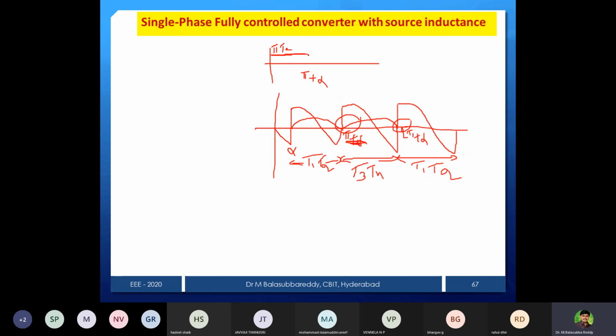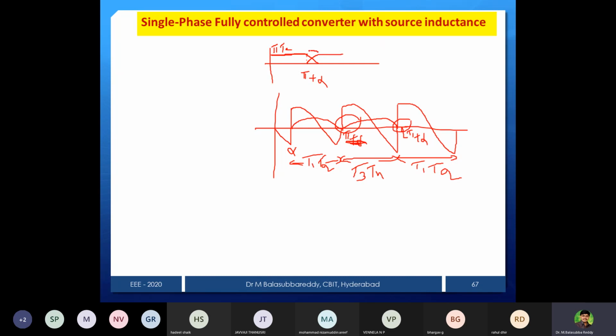But due to source inductance, this device will not turn off exactly at pi plus alpha. It will slowly turn off because of the inductor, gradually. And at pi plus alpha, T3, T4 will not turn on directly. From this point onwards, they gradually fire and then carry the current.